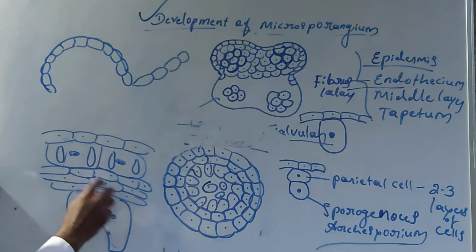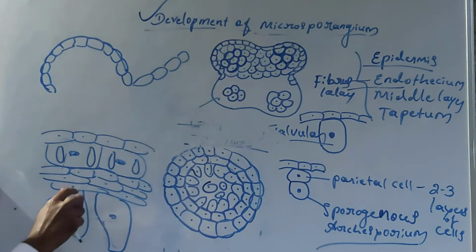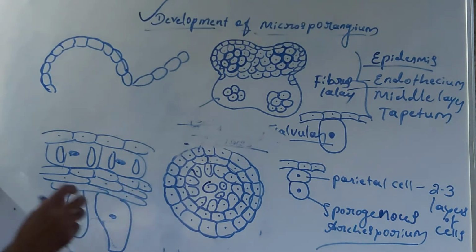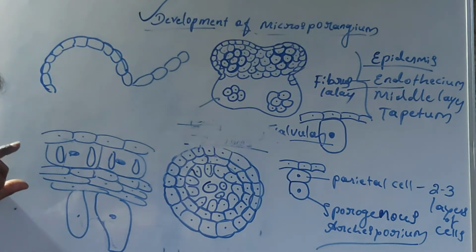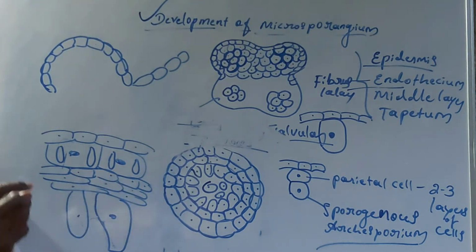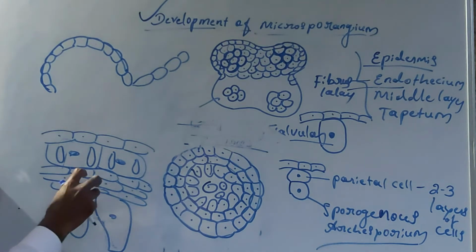The middle layer actually contains a number of layers of cells, usually 2 to 3 layers. All the cells are identical. In the very early stages of growth and development of the microsporangium in the microsporophyll, these layers of cells contain food granules in the form of starch.